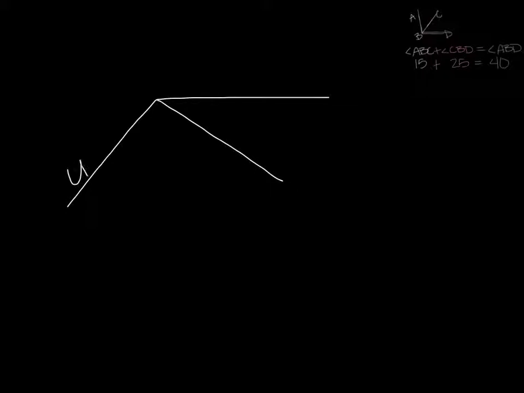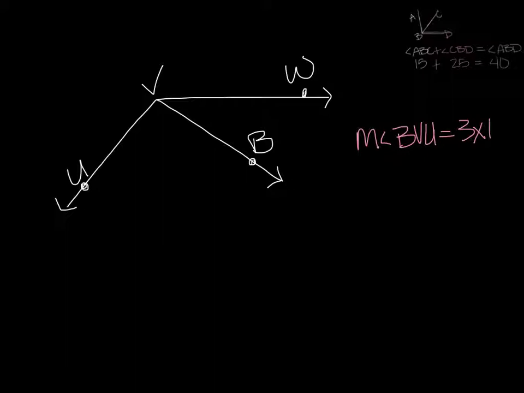And we have point U, point V, point W, and point B. We know that the measure of angle BVU is 32x plus 2.